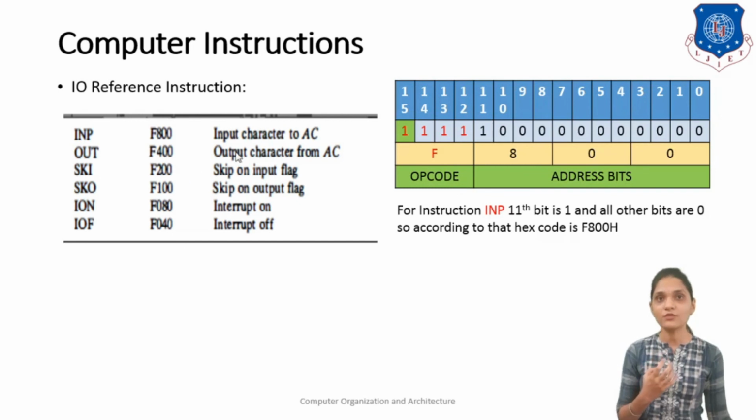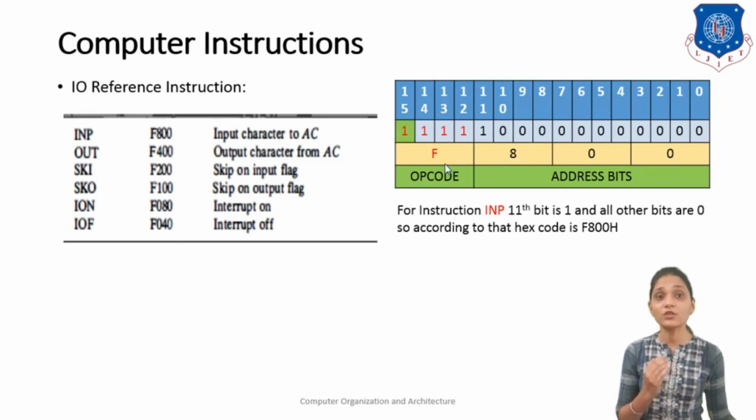And for this IO reference instruction, your 4 bits for operation code are fixed, and these are 1, 1, 1, 1. And the rest of the bits will depend upon your operation. And for each one of the instructions, one of the bits is 1. For example, if we consider the INP instruction, for the INP instruction your 11th bit is 1 and the rest of the bits are 0.